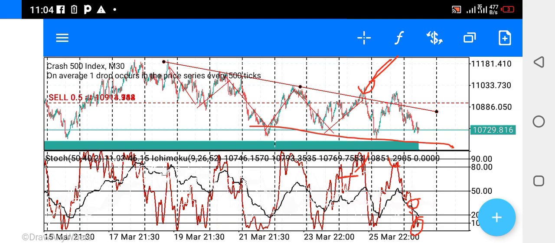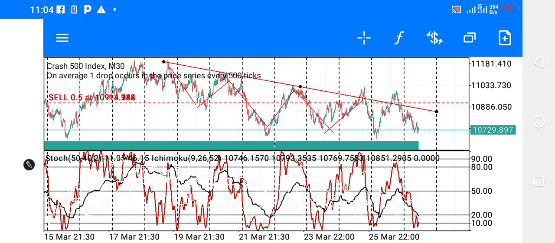That is how I use to trade, and I've been using this to get a lot of profits.